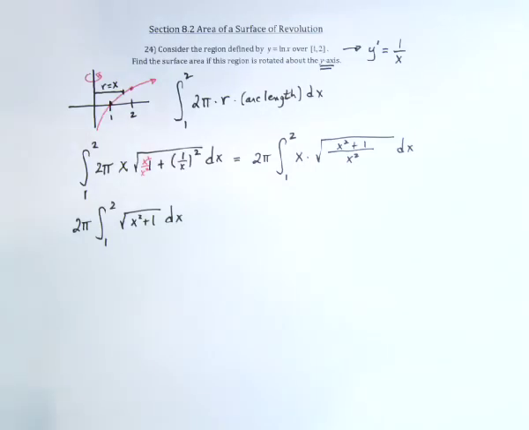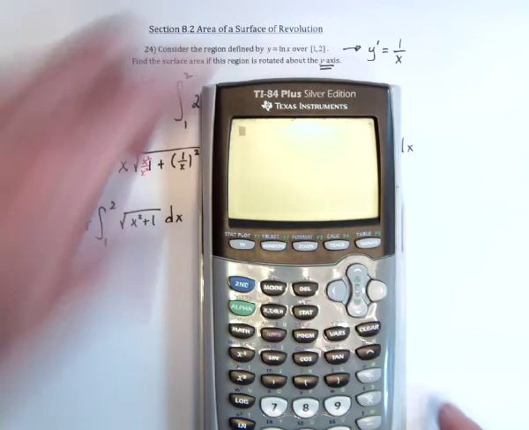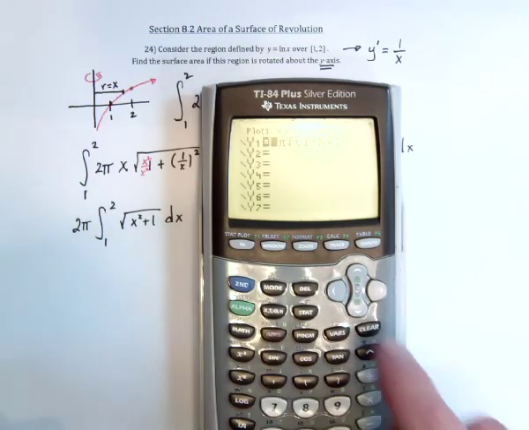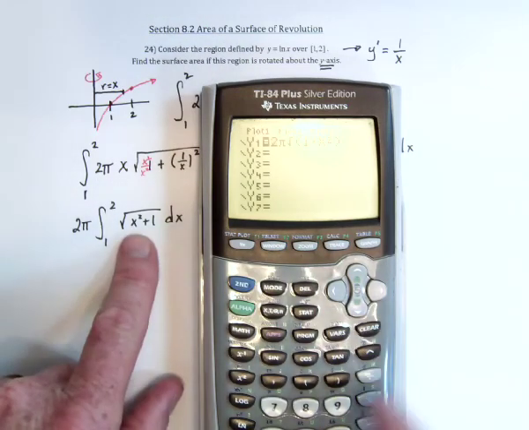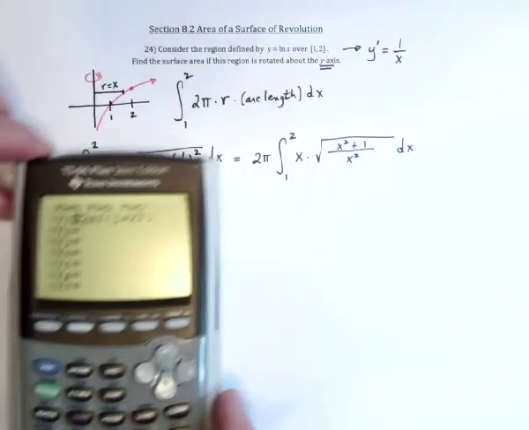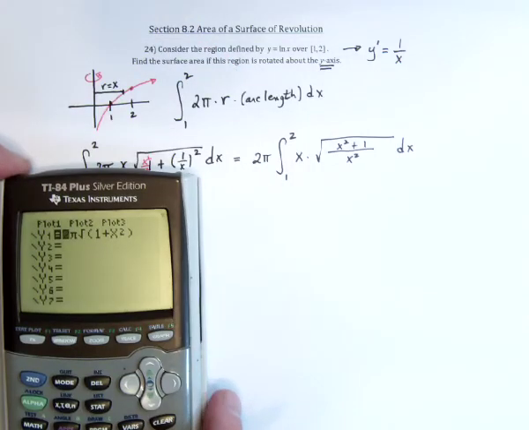Instead of redoing the same thing, I'm going to go ahead and use the calculator to estimate this integral so that we do have a numerical answer. Let's see, so I need to integrate this thing. Oh, we've got a glare. So we need to integrate it. So the 2 pi and then the square root of 1 plus x squared.